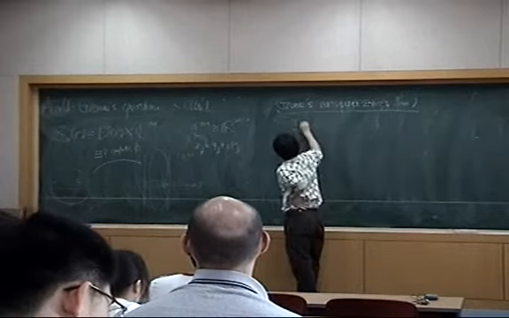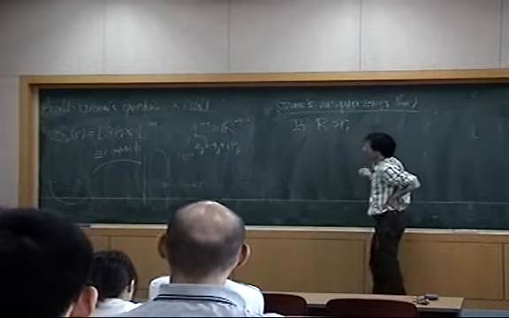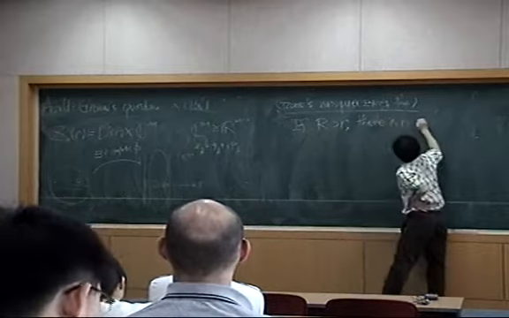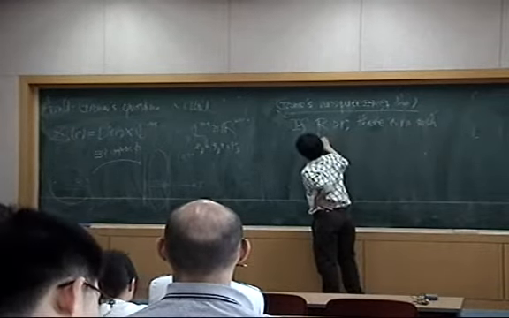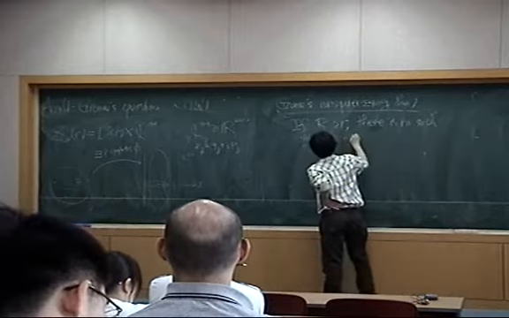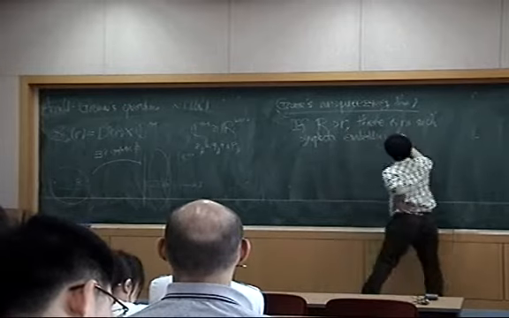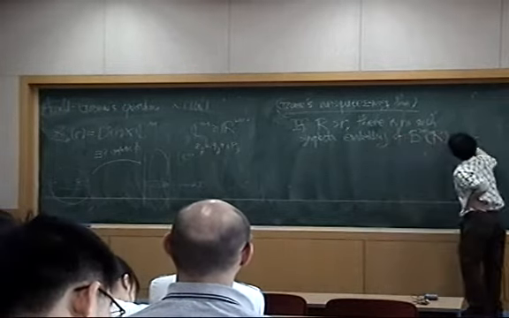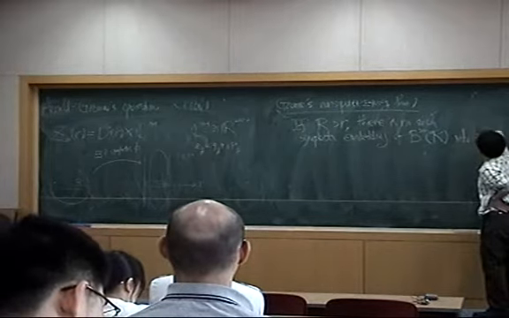If this capital R is greater than little r, then there is no such symplectic embedding of the ball of radius R into the cylinder Z of radius r.